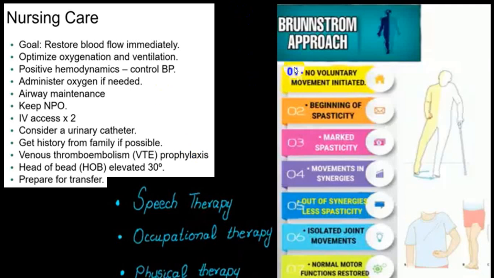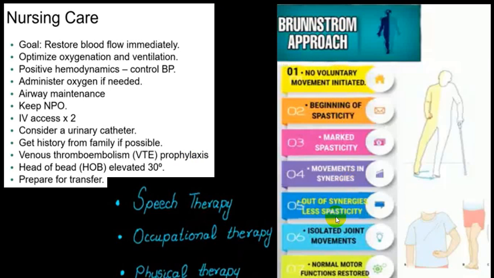And this is what you get in recovery. It is called the Brunnstrom approach. Initially during acute stroke, there will be no voluntary movements. Then there will be beginning of spasticity. Then you will have marked spasticity, movement in synergies, muscles.